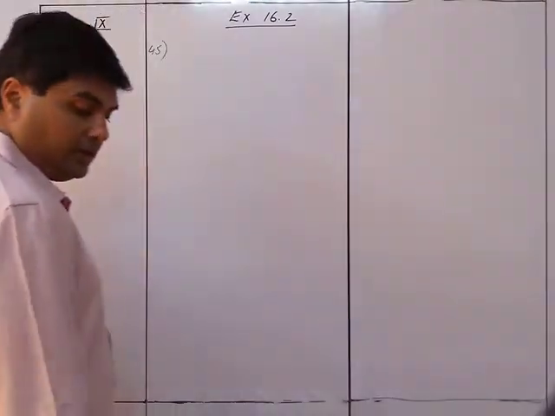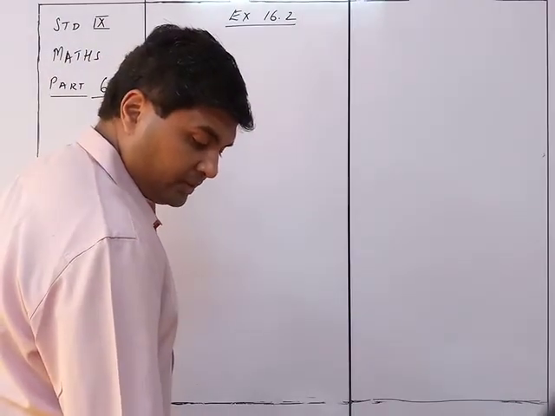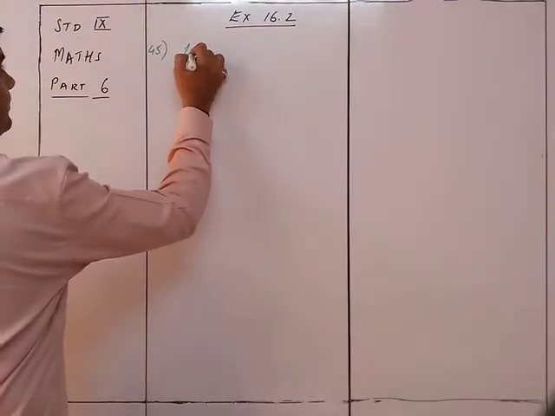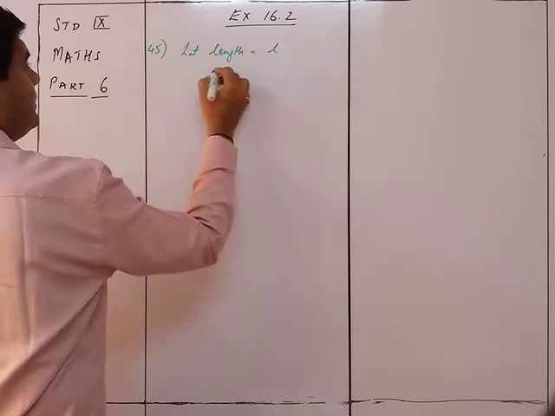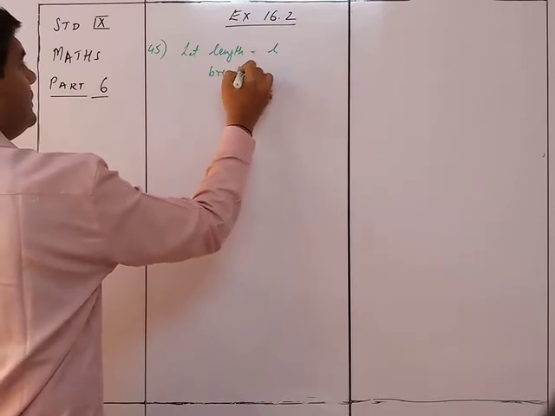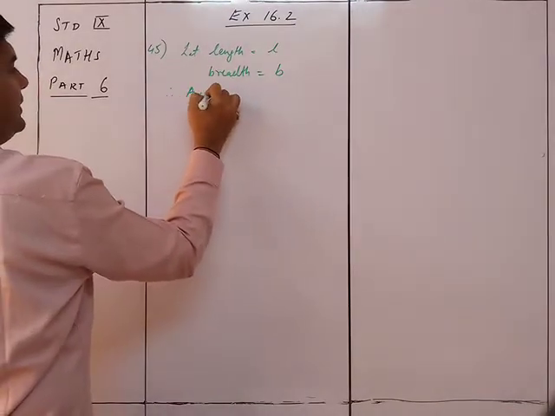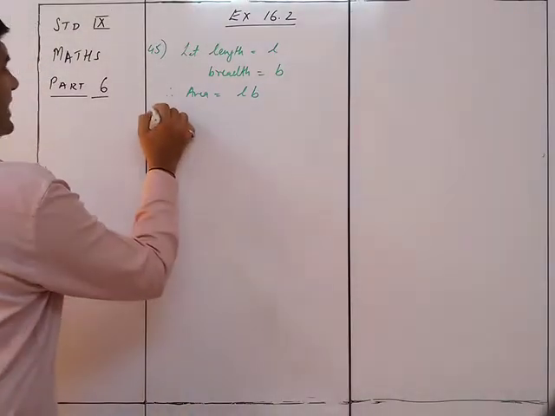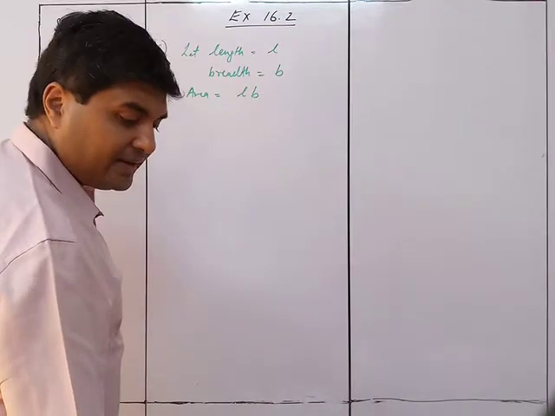Okay, let's see. We'll take the length and breadth to be L and B. So let length be L, breadth be B, therefore area is LB. Now the first condition over here is given as when the length and breadth are increased by 1.